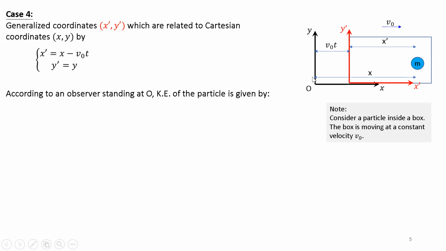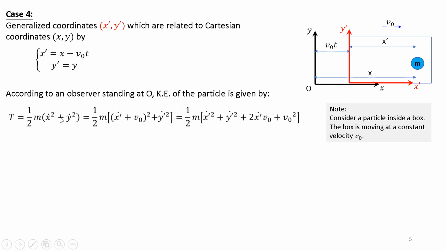I'm still considering the observer standing at rest at this O. Now if I consider the kinetic energy, this is what we have using the xy. If I want to express the kinetic energy in terms of x prime and y prime, then this is what we have to write down.